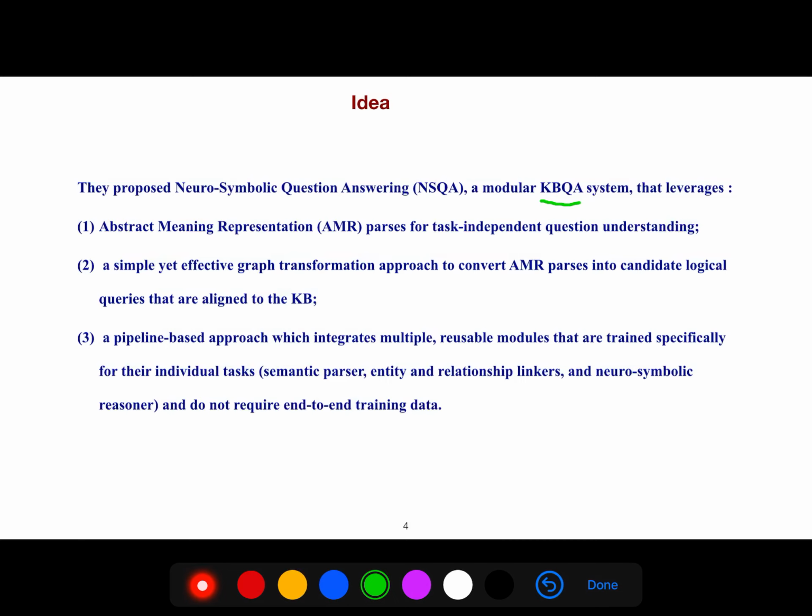It has an AMR block, it has logical modules, and also it's a simple yet effective graph transformation to convert AMR parsers into candidate logical queries. Because if you want to retrieve something from a knowledge base, then you need to convert.